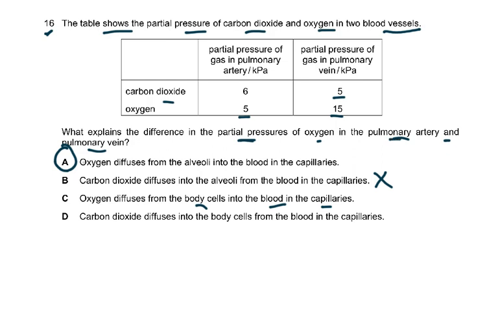Why is the partial pressure 5 and 15 in the pulmonary vein? You have to only explain to me this part. So this is wrong. And again, this is wrong. We're not talking about carbon dioxide. We're only talking about the partial pressure of oxygen.